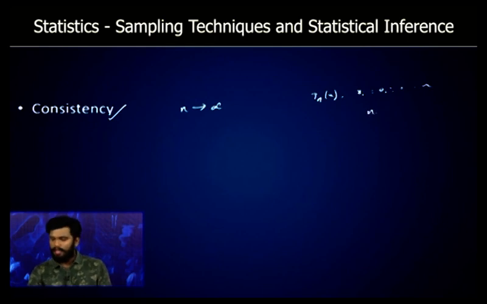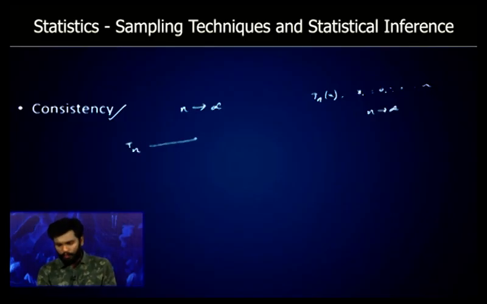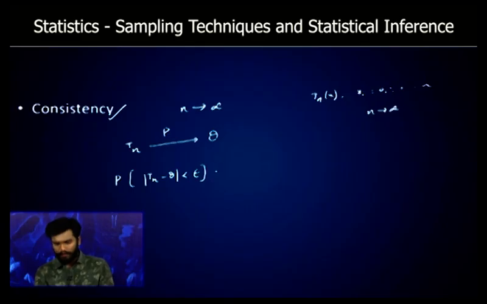Now if this n tends to infinity, my Tn will have to tend to my parameter theta in probability. Now how do we write this? Probability of Tn minus theta less than epsilon must be equal to 1.